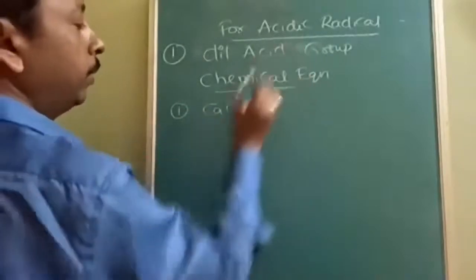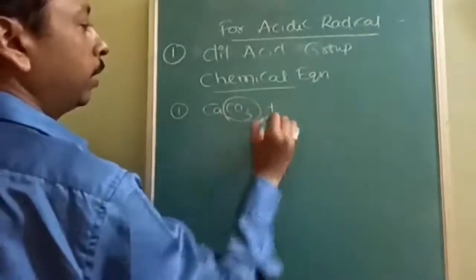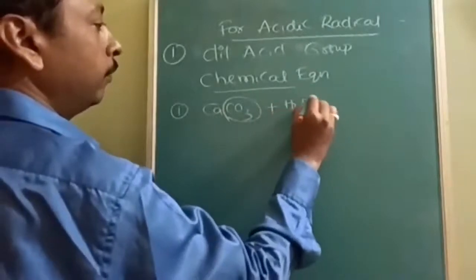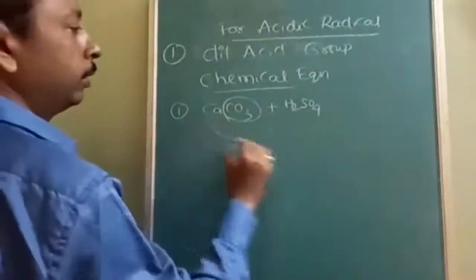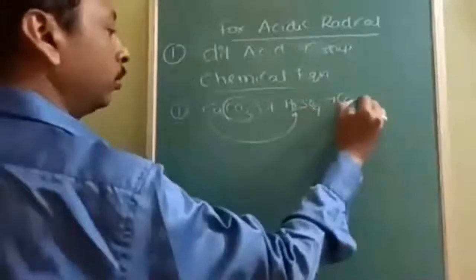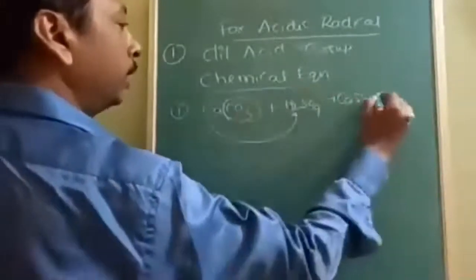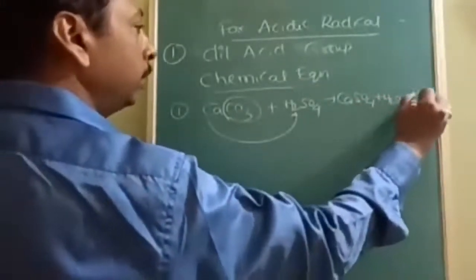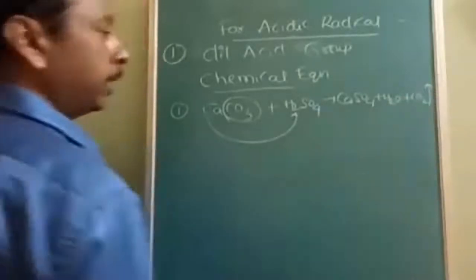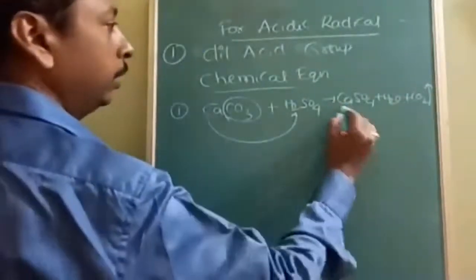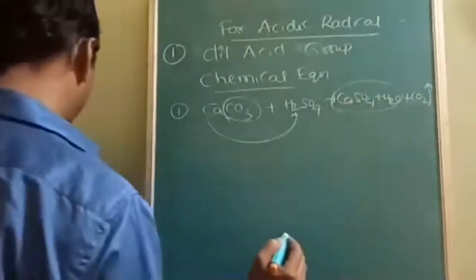I am taking the acidic radical, calcium carbonate. What have I added? Sulfuric acid. So this will form CaSO4, and the outcoming gases will be H2O and CO2. This is a colorless bubbling gas, CO2, coming out from the solution.